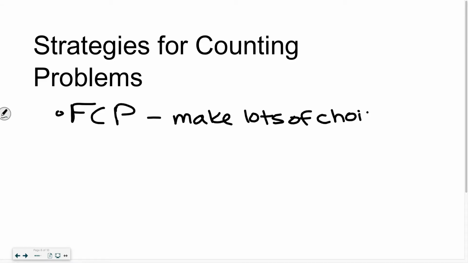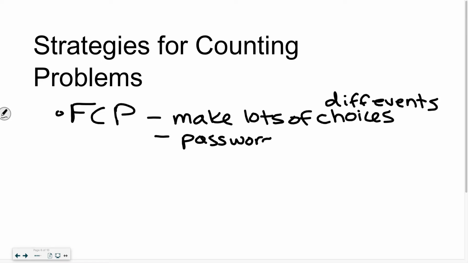I always think about that if I have to make lots of choices or have different events, like flipping a coin and rolling a die, or rolling 2 dice, or picking shirts, shorts, and shoes for my outfit. Also passwords, usernames, license plates, PIN codes, all of those are automatically the fundamental counting principle for the most part.